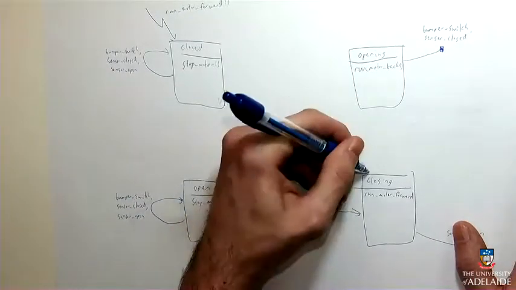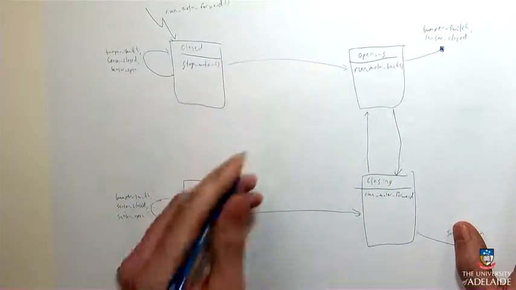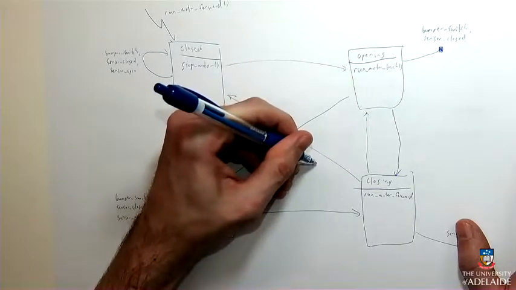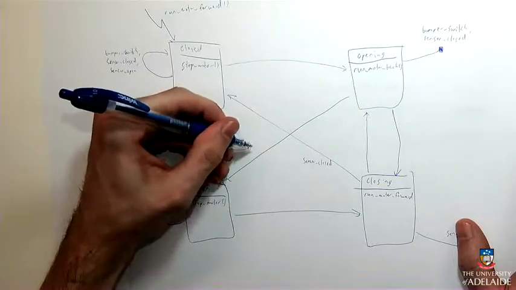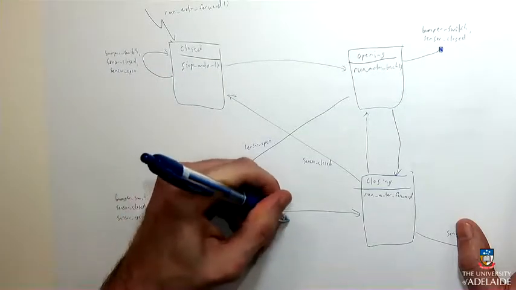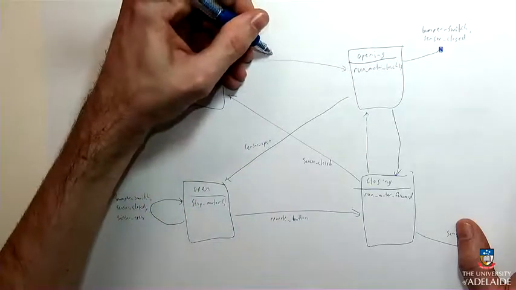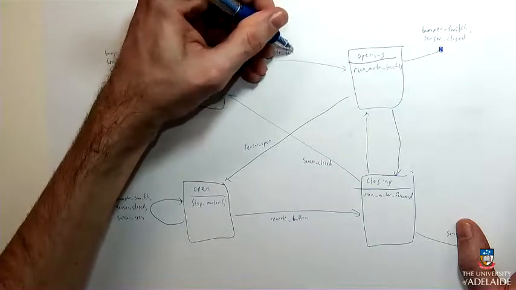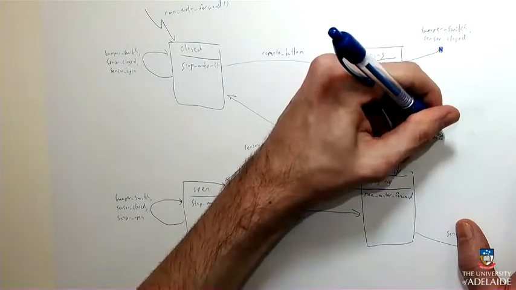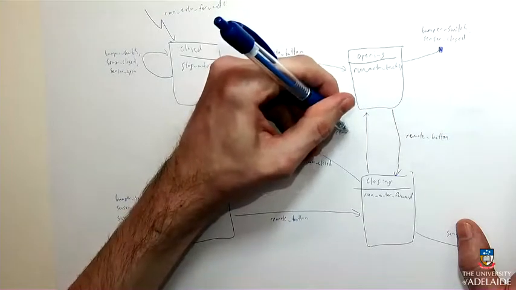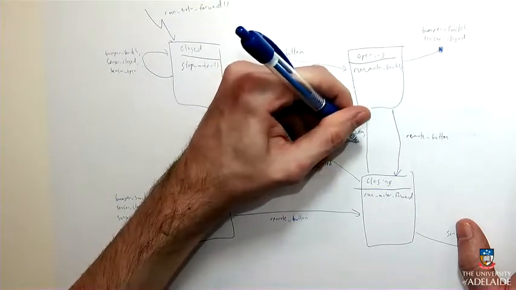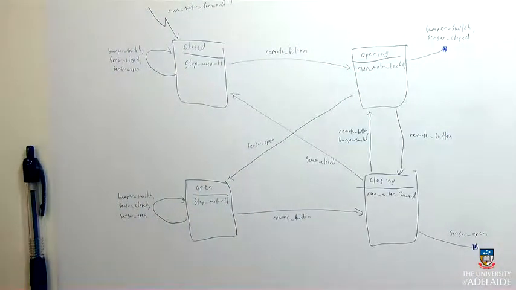And then button. Okay, and that's our basic Mealy-Moore representation of the system.